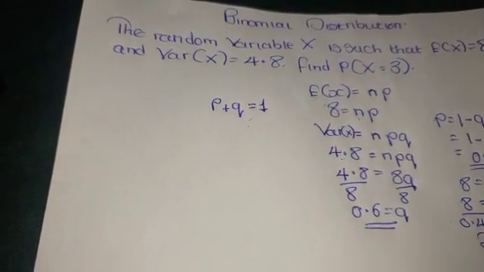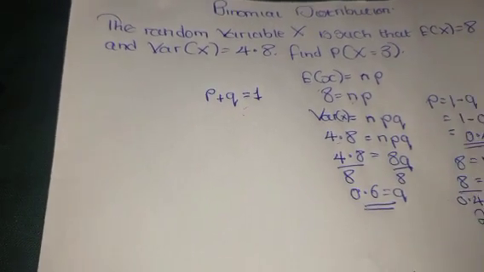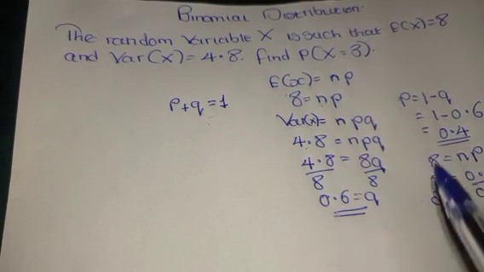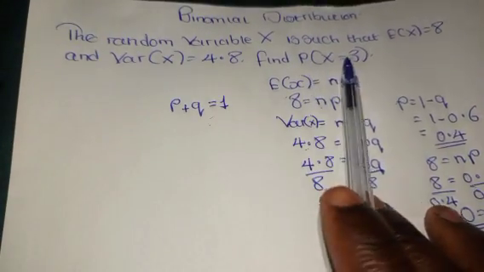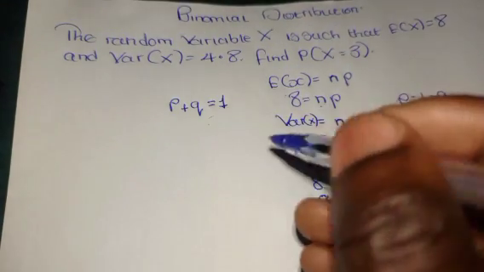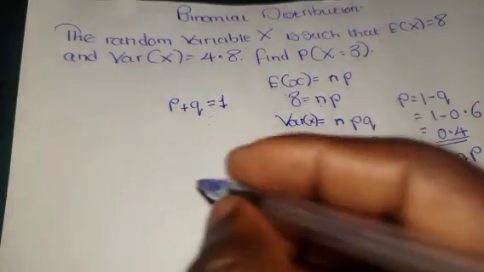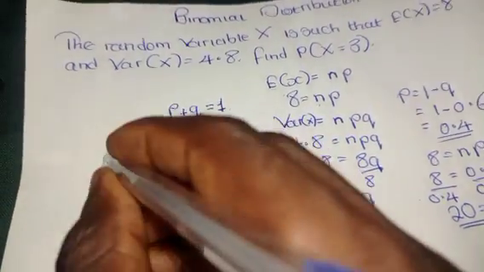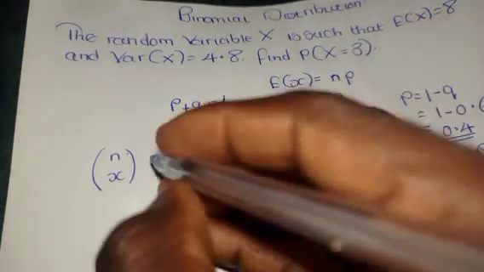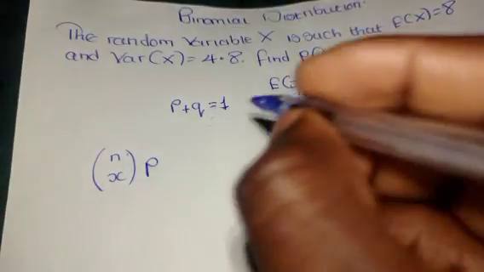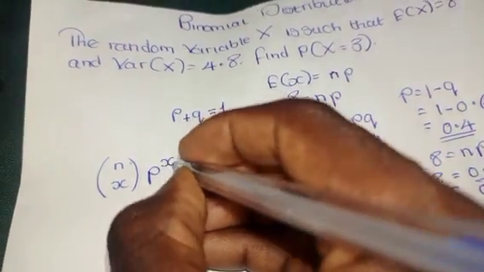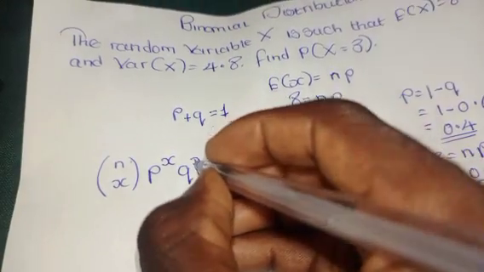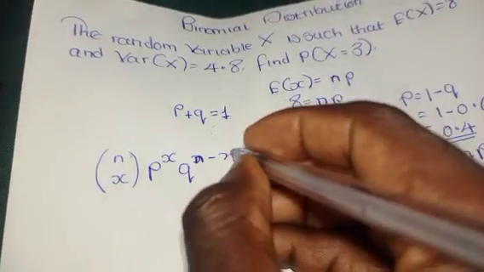Now that you have the number of events to be 20, to calculate the probability of x, remember under the binomial distribution we have n combination x multiplied by p to the power x, and q to the power n minus x.